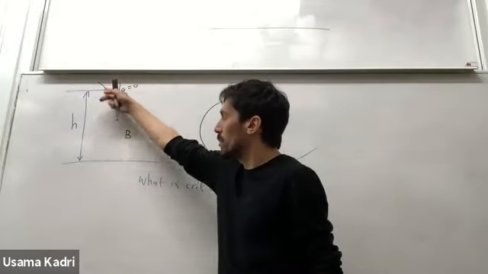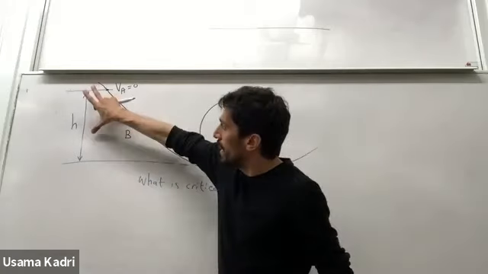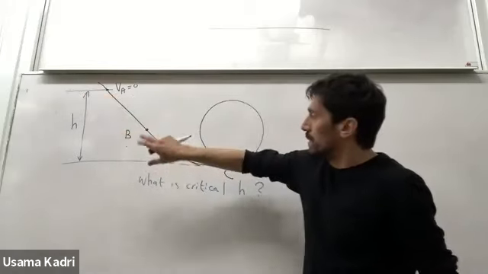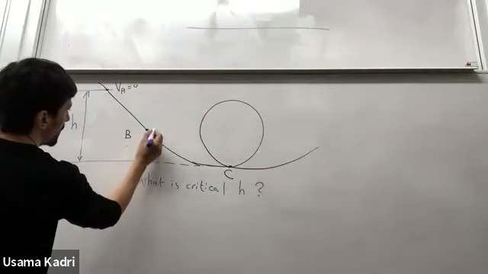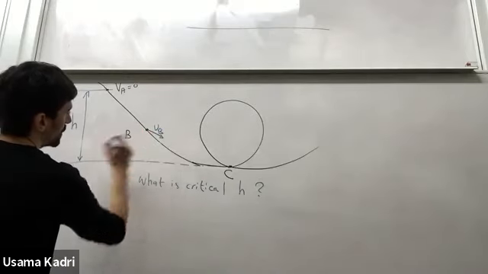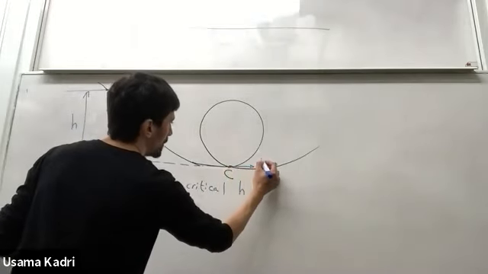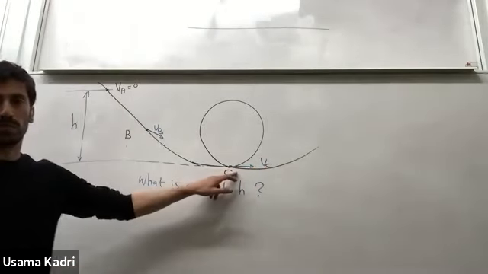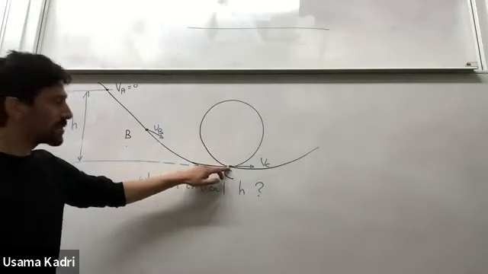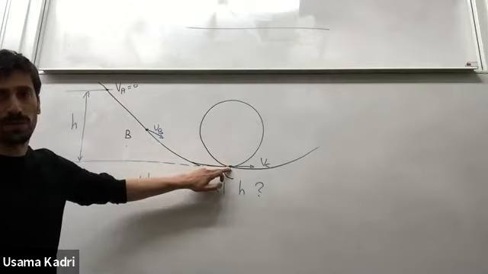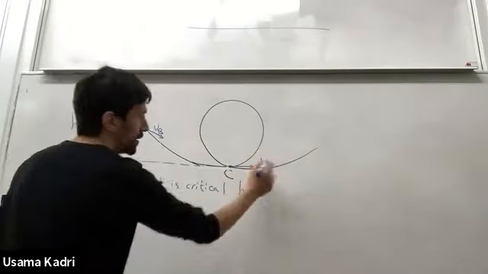So you start with 0 here, so all you have is just potential, nothing else. At some point here, you've lost that much of potential, so you should have some kinetic energy here. So you have some VB. At some point here, of course, you have VC, and you have most of the kinetic energy. All the potential became kinetic energy. There's no potential anymore here. So this is the point where you have the maximum kinetic energy. Okay, that is VC here.